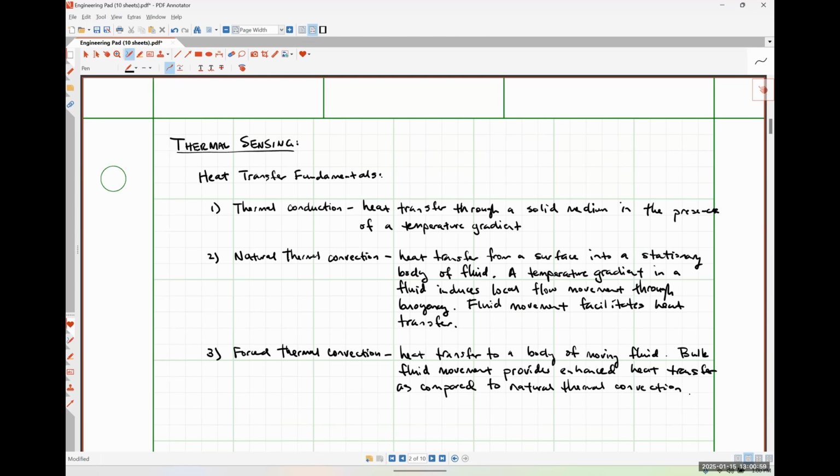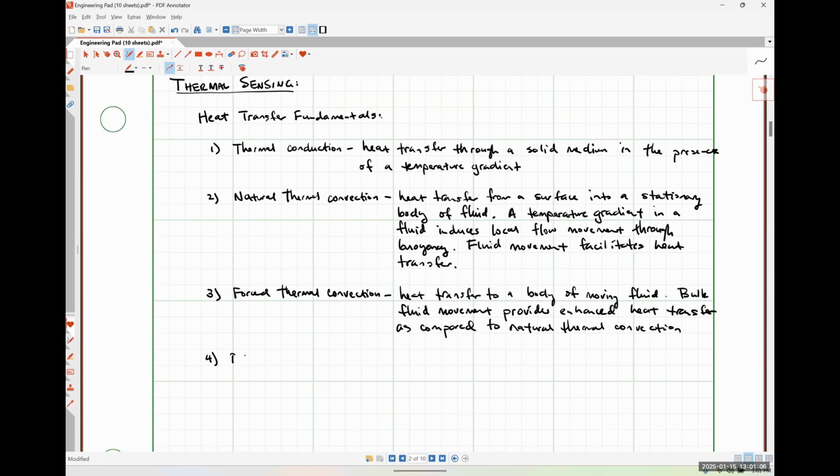Lastly, we've got radiation. So radiative heat transfer is heat transfer through electromagnetic radiation, propagating in a vacuum or air.